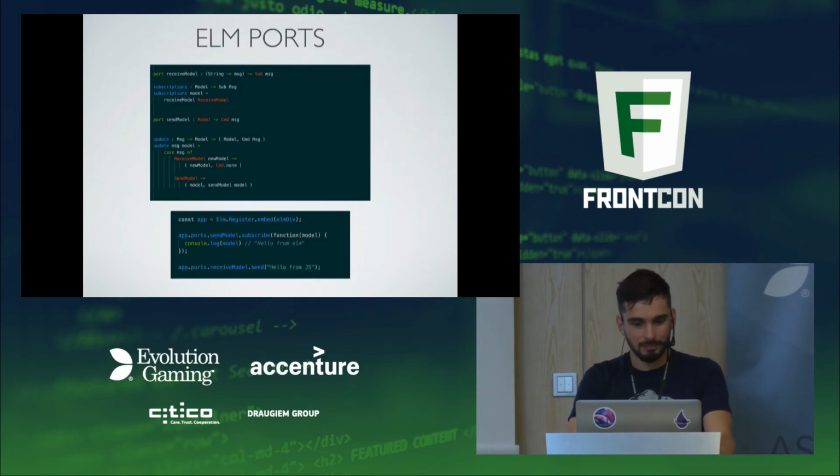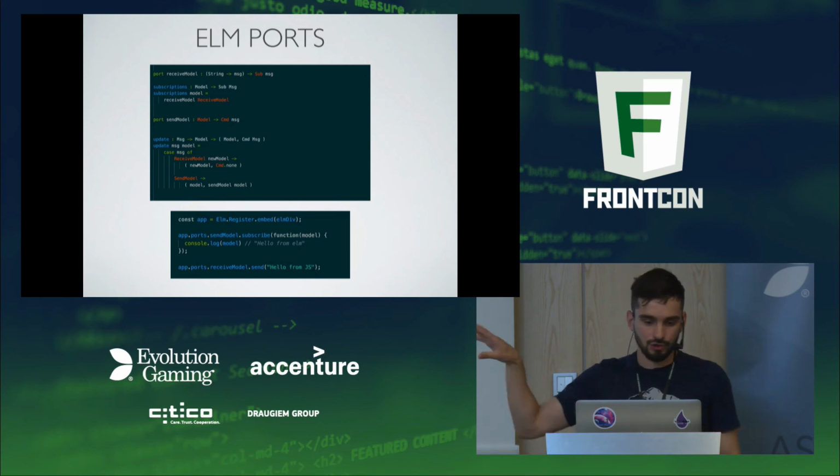Well, it integrates by the means of ports. So we can either receive things from the outside world or send things to the outside world. And it's quite simple from the JavaScript side. You can just say app.ports.send model.subscribe. So you're basically subscribing to anything that Elm pushes to you.